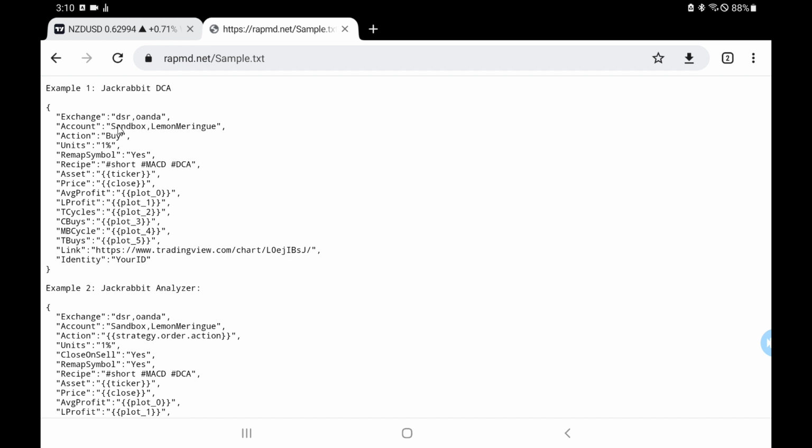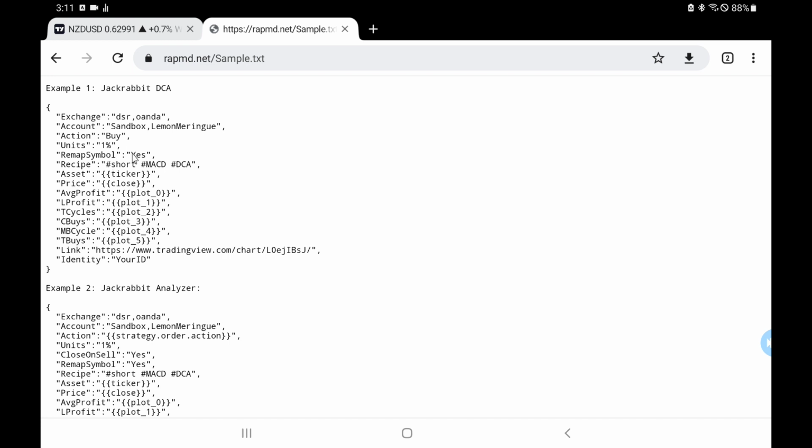Now here is my sandbox for the DSR and my demo account, and I've told it to buy 1% of my balance in units, and that gets rounded to a whole number only. So if it is, for example, 1.5 units, by the time it's done with all the math, it will only be 1 unit.